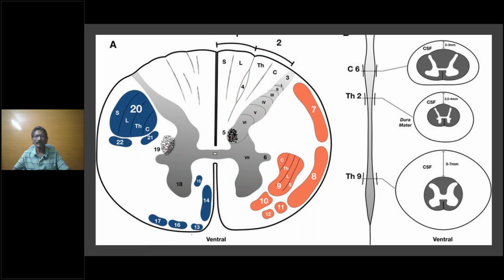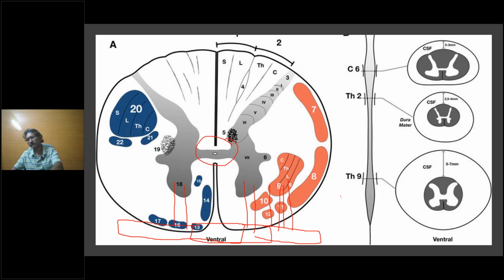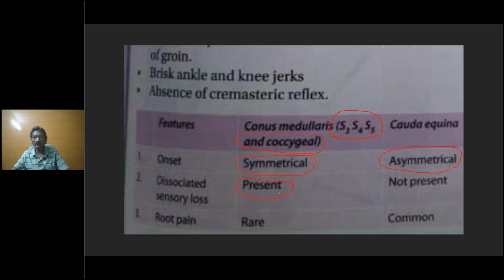Let's assume this is the lower part, and you have the L1 vertebra sitting here. If the L1 vertebra goes posterior and presses the spinal cord like this, it can affect the anterior horn, and it can affect the sacral fibers first. Dissociated sensory loss occurs when it affects the center and the pain fibers. That may not occur at all. So this is not a rule.